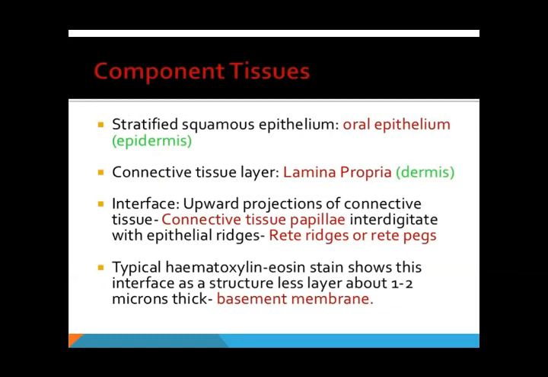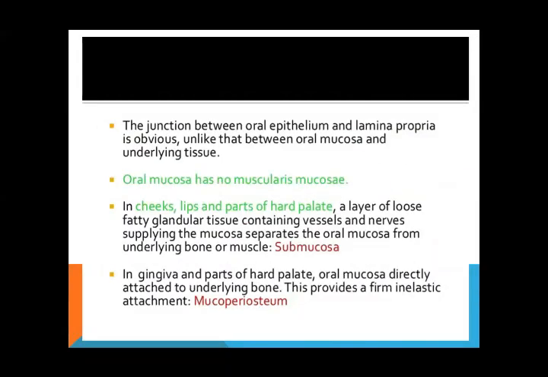Typical hematoxylin and eosin stains show this interface as a structureless layer about 1 to 2 microns thick, the basement membrane. The junction between oral epithelium and lamina propria is obvious, unlike that between oral mucosa and underlying tissue.